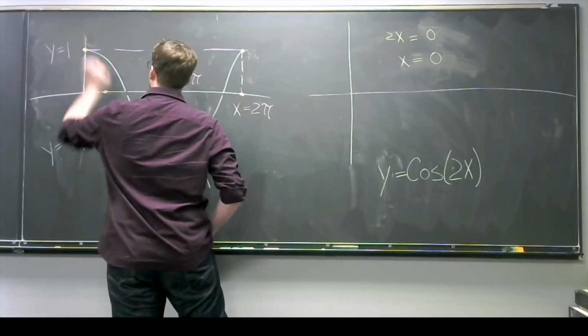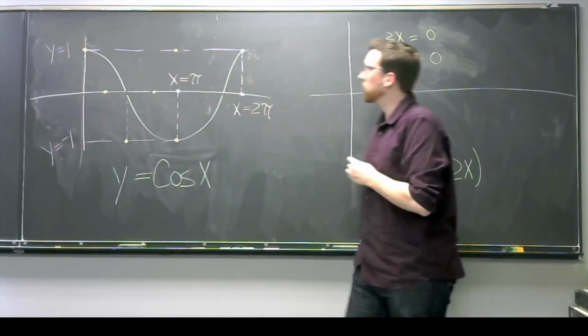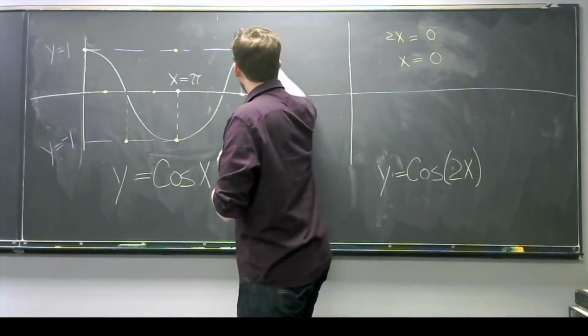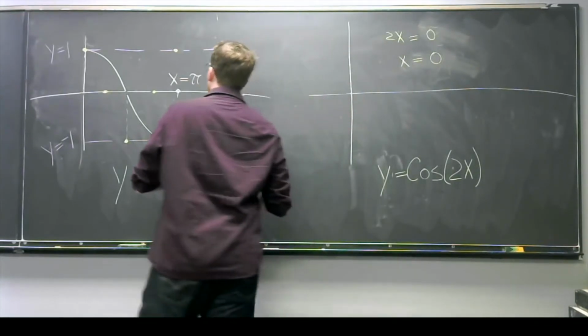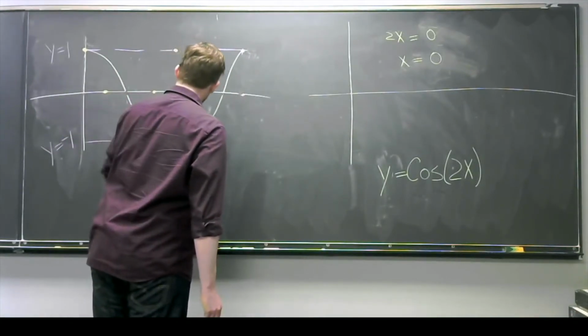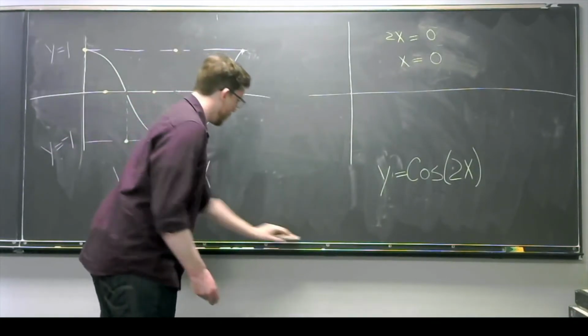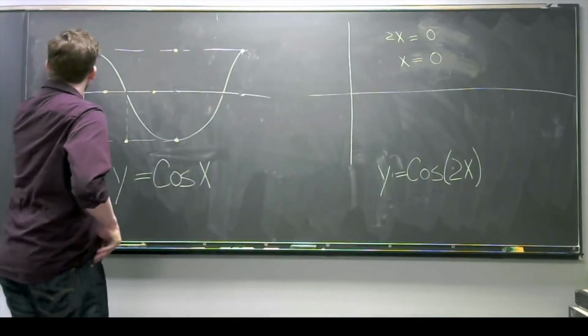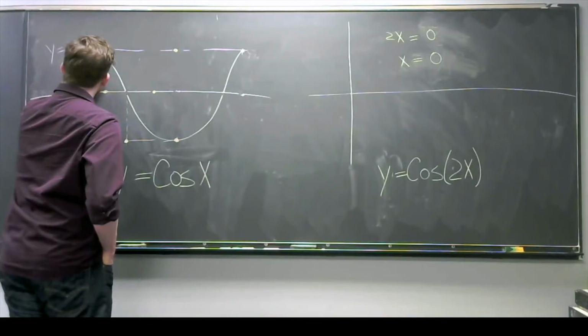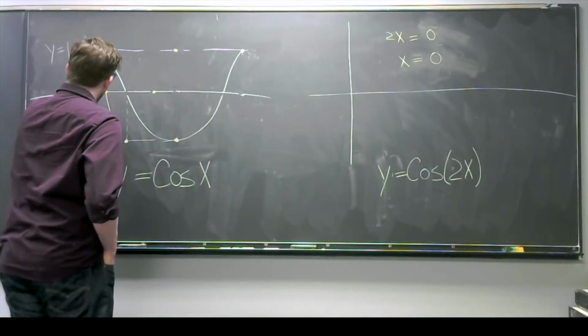So this point stays the same. So what we've got, I'm going to erase all of this here really quick. What we've got is cosine of 2x is going to look something like this.